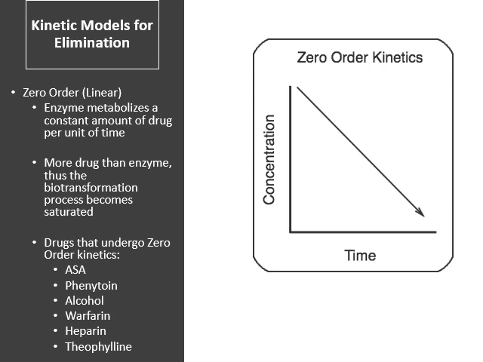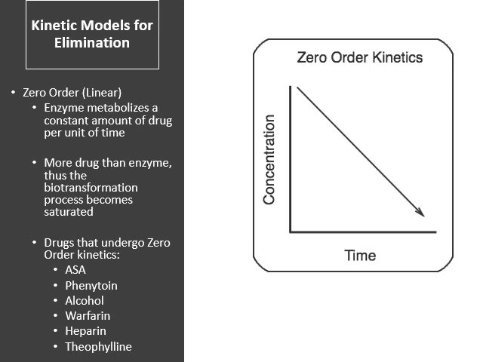There are some drugs that undergo zero-order kinetics, and those drugs are aspirin, phenytoin, alcohol, warfarin, heparin, and theophylline. All undergo zero-order kinetics. So again, with zero-order kinetics, there's not enough enzyme available to metabolize all the drug that's delivered to it.